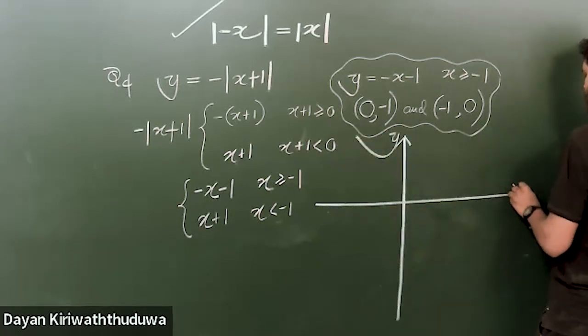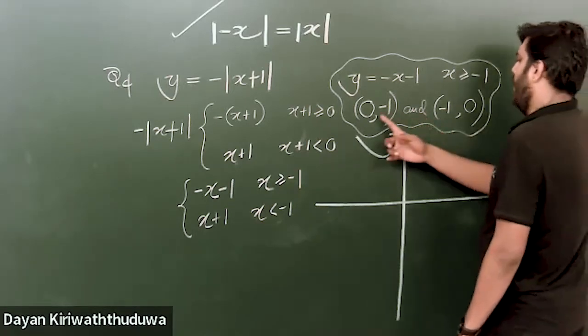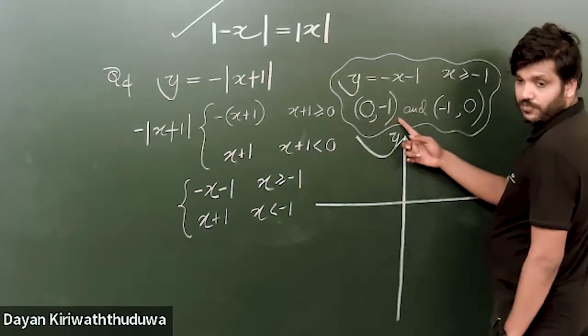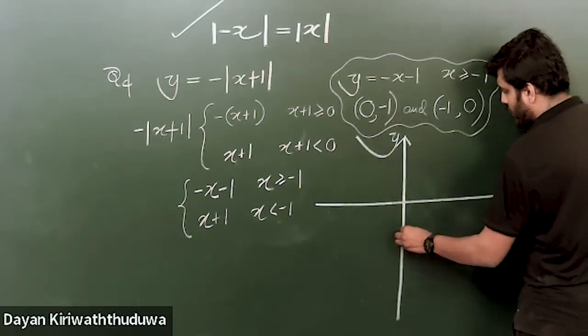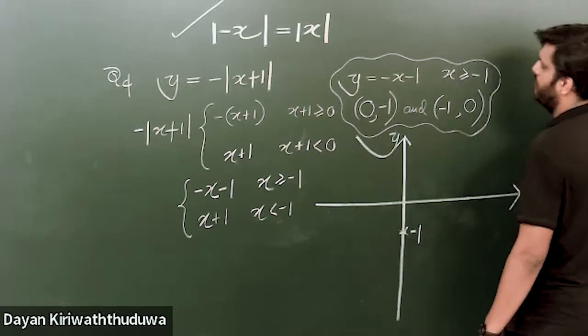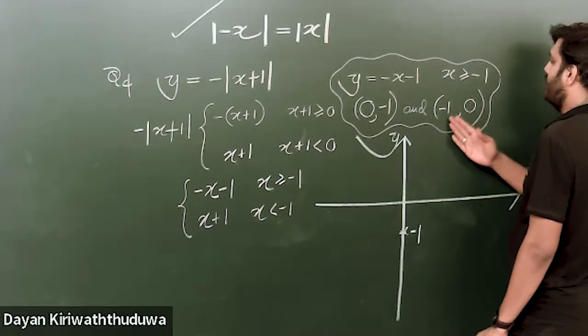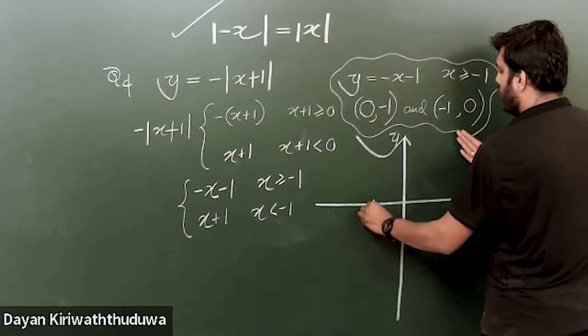This is my x-axis. X value 0, y value minus 1. X value minus 1, y value 0.